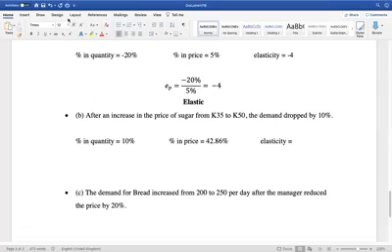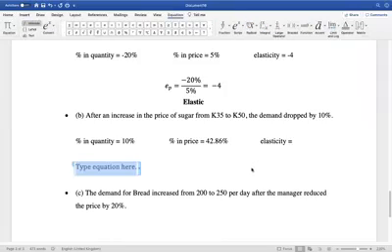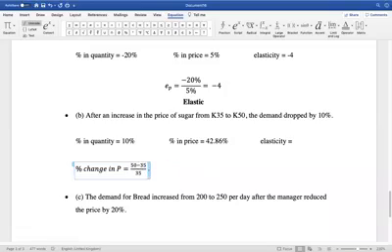I hope you have gotten that. Let me just show it here. The percentage change in the price is equal to 50 minus 35, then divide by 35, then times 100.